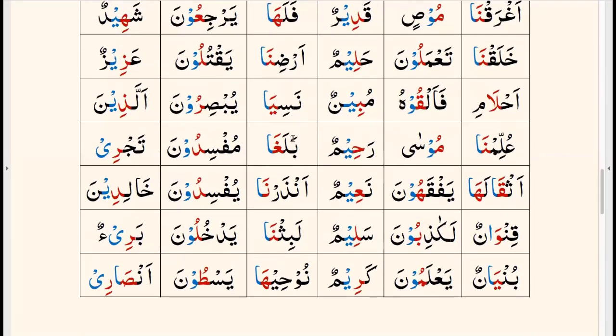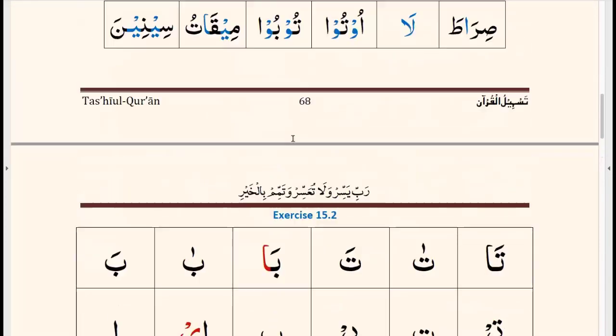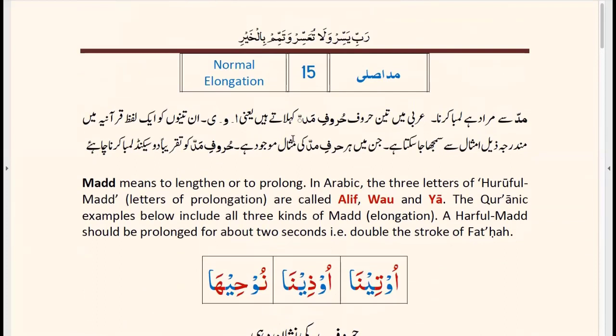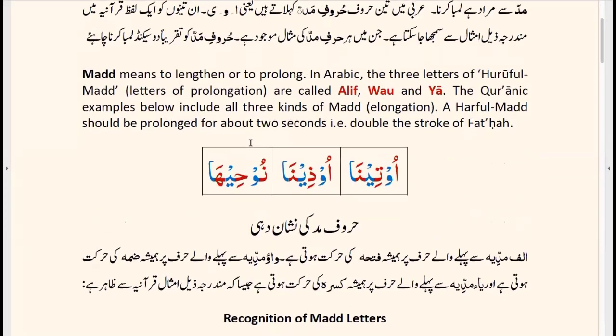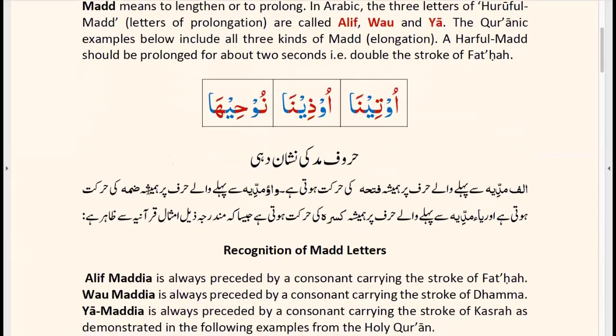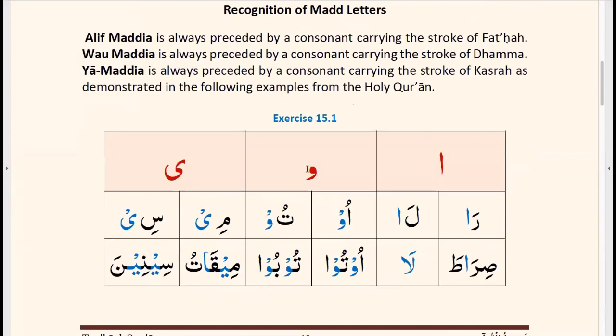We are nearly at the end of our class. I will quickly go through what we did today. We read Madde Asli today, which is the normal elongation. Mad means to make long, and there are 3 letters of harful mad, which are alif, waw, and ya, and we covered alif today.